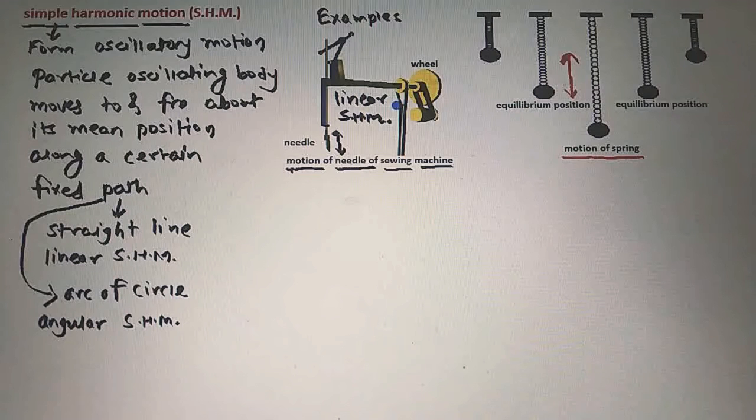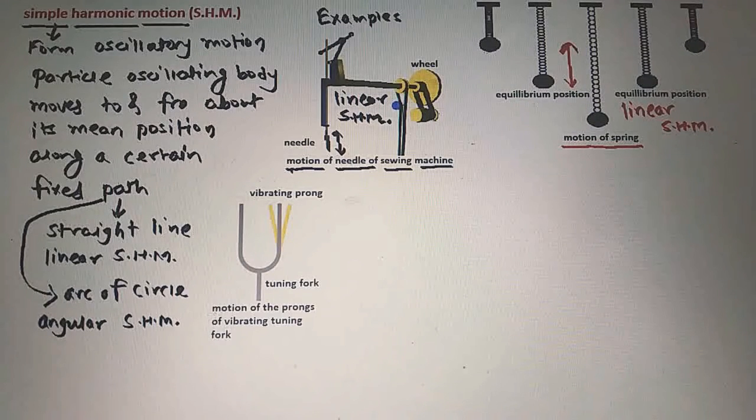Because the motion of a spring is along a straight path, this motion is linear simple harmonic motion. So this is another example of linear simple harmonic motion.